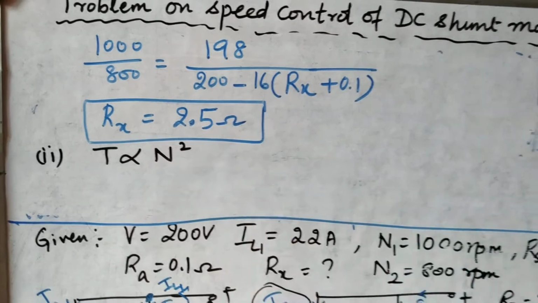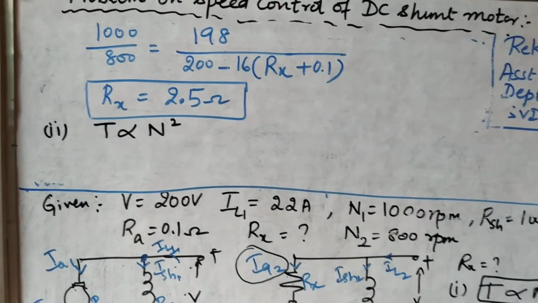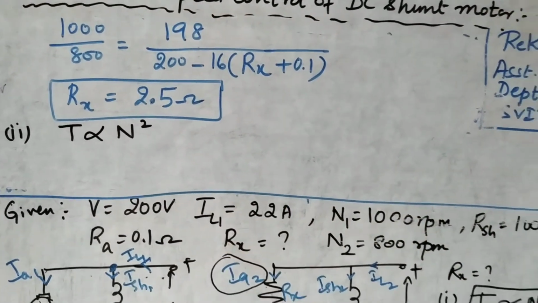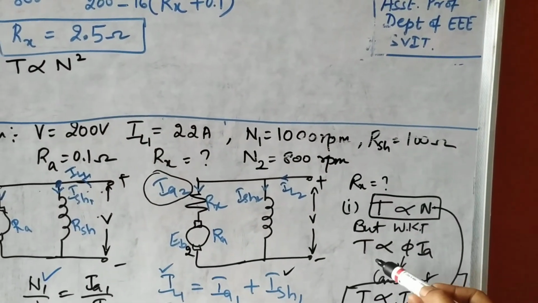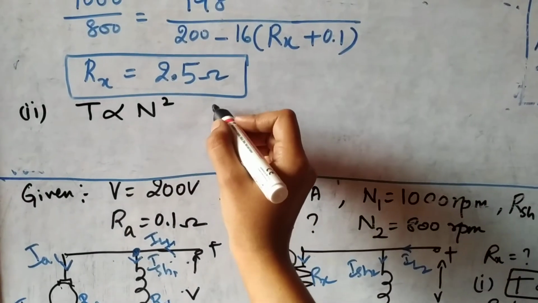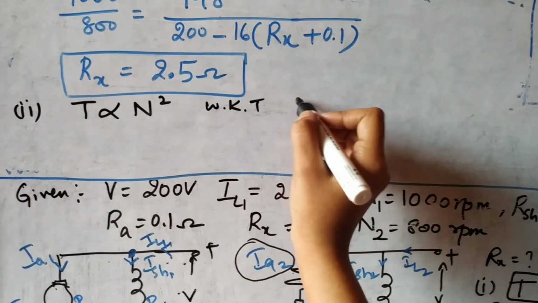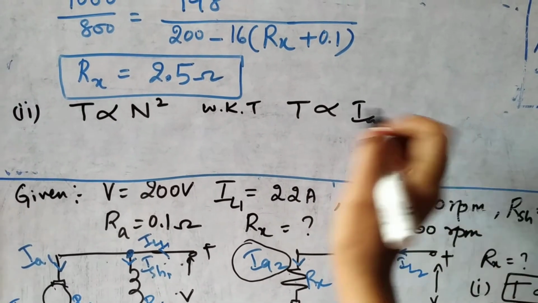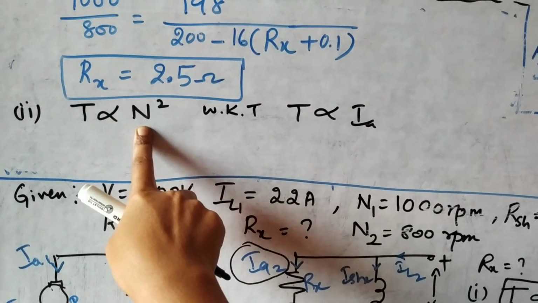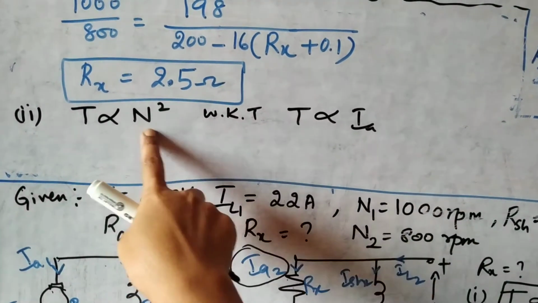That means T is proportional to N square. But here we know that T is proportional to Ia. Therefore, with the help of this, we can say that N square is proportional to Ia.